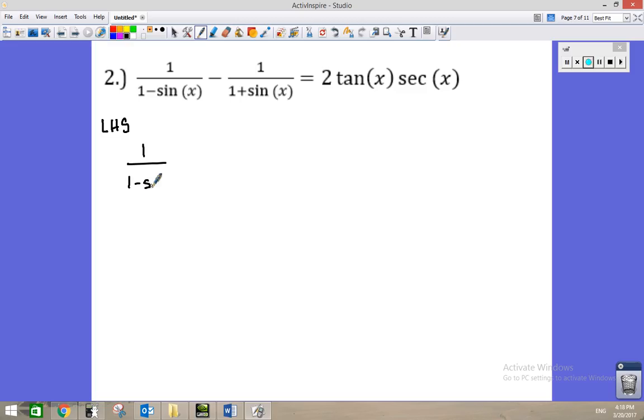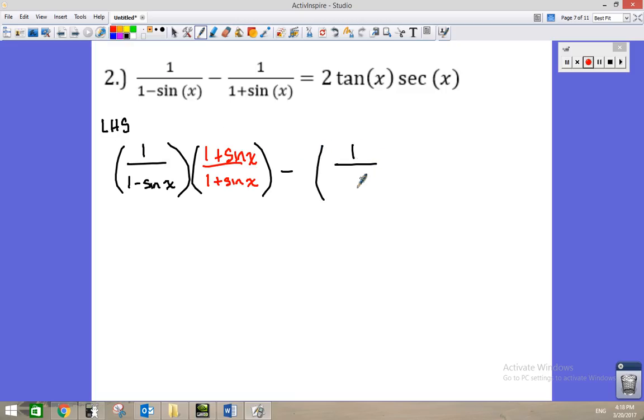So I'm going to multiply each of these terms by 1, but I'm going to be clever in how I write the number 1. This is missing a 1 plus sine of x. So the numerator and denominator are the same, so I know that's 1, and I'm not changing the magnitude of this term.